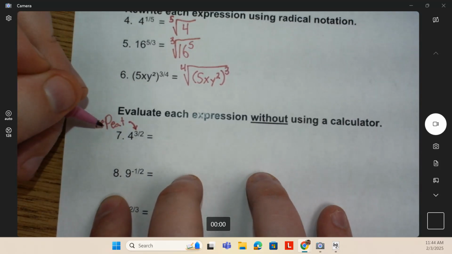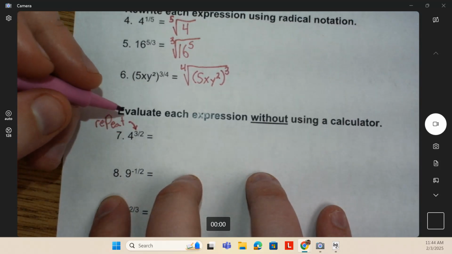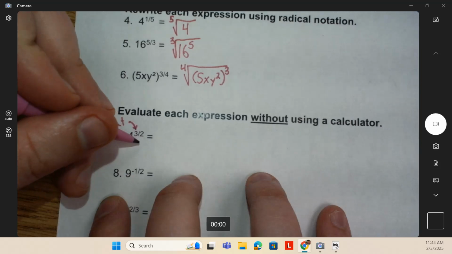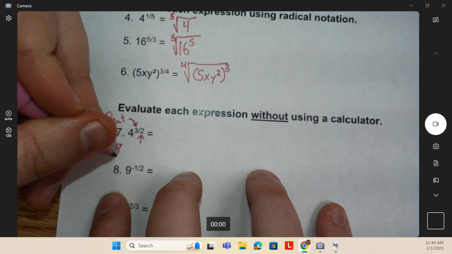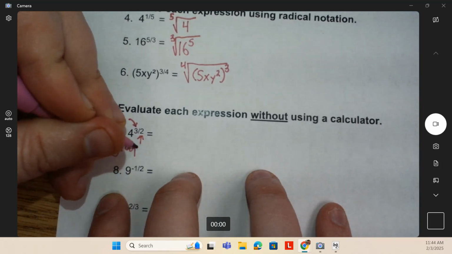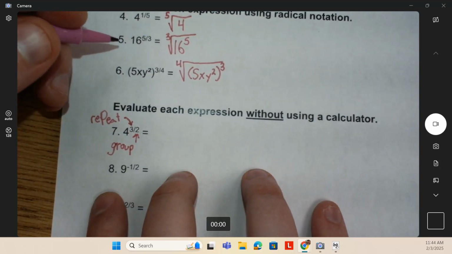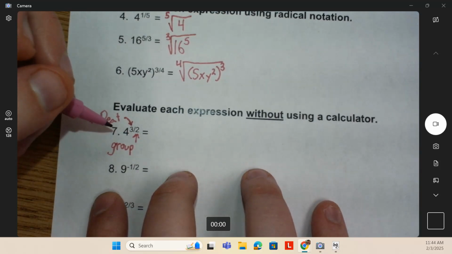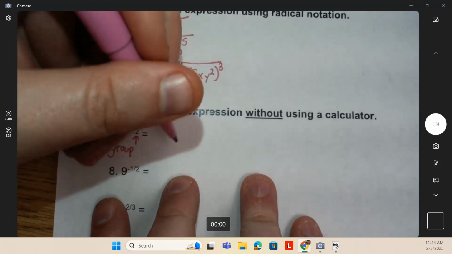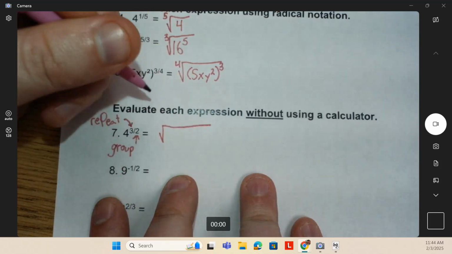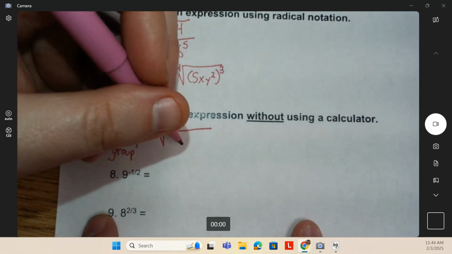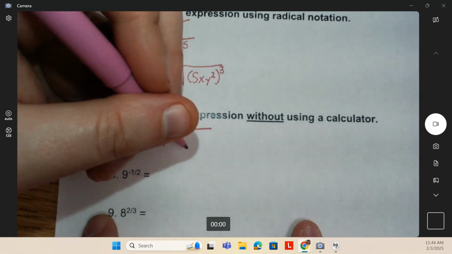So I'm going to repeat a 4 3 times, and then the 2 is going to tell me how many groups, or how many in each group. So I'm going to repeat the 4 3 times, and I'm going to do groups of 2, because that would be my index of 2.